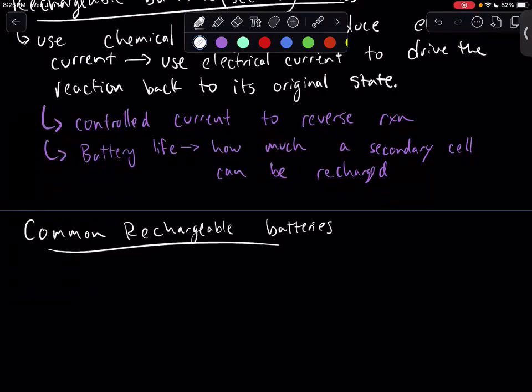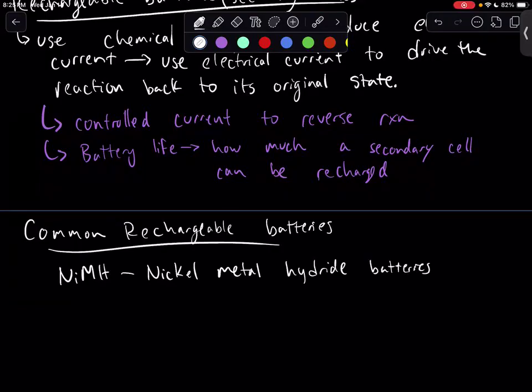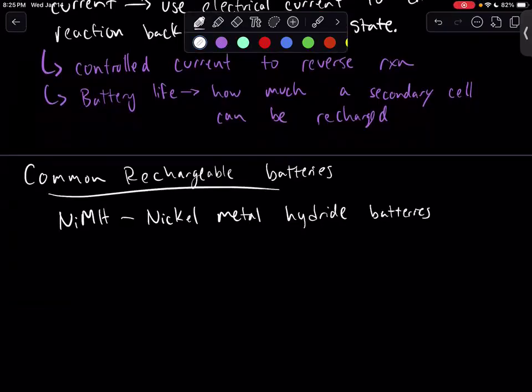You can buy them at like IKEA or something. You might see NiMH. What that stands for is nickel metal hydride batteries. So that's one of the most common ones. And then in your phones, your cars, your computers, you have the other most common, Li-ion, which is just lithium ion batteries.